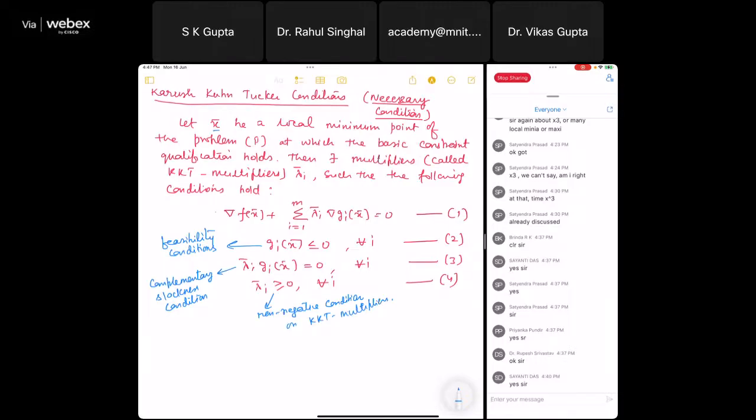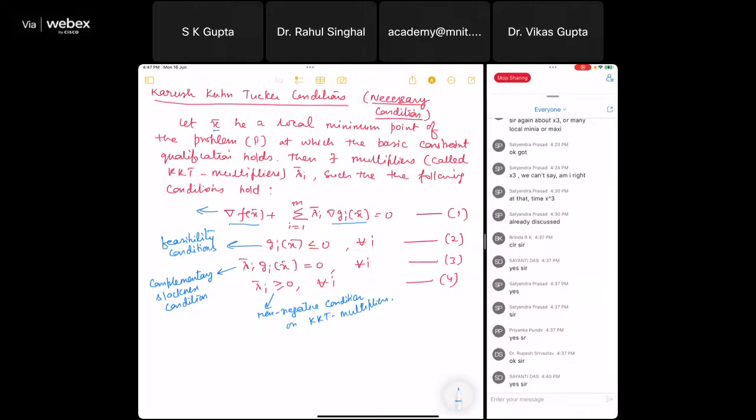And the first condition, which is the important condition, means that the gradient of f at x bar can be expressed as some linear combination of gradient of gi at x bar. So the gradient of f at a point x bar, which is a point of local minima, is always expressed as a linear combination of the gradients of gi at x bar.